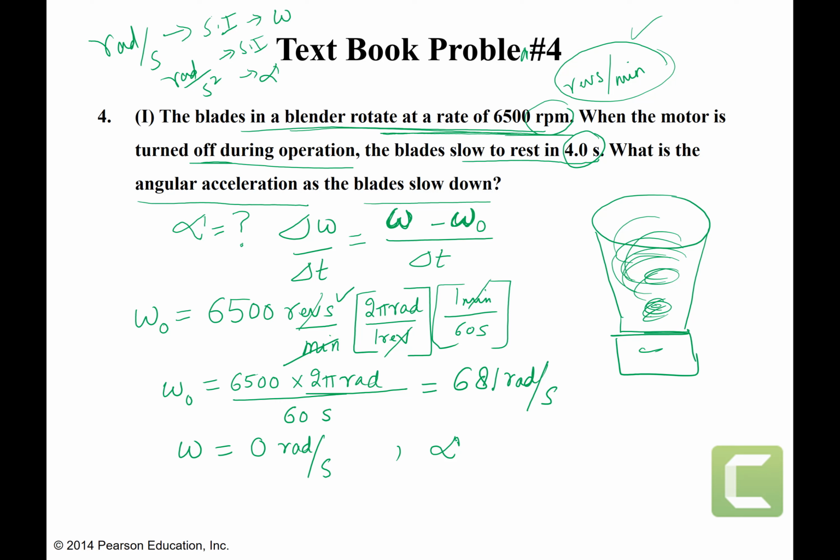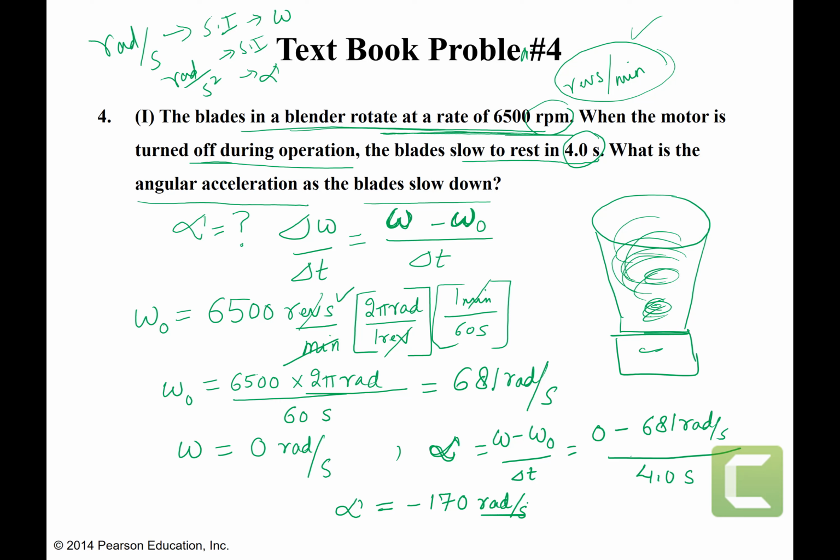Therefore, angular acceleration alpha, which is omega minus omega naught over delta t, will be a negative value, the same as deceleration or negative acceleration: 0 minus 681 radians per second divided by 4.0 seconds. So your alpha, the angular acceleration, is minus 170 radians per second square.